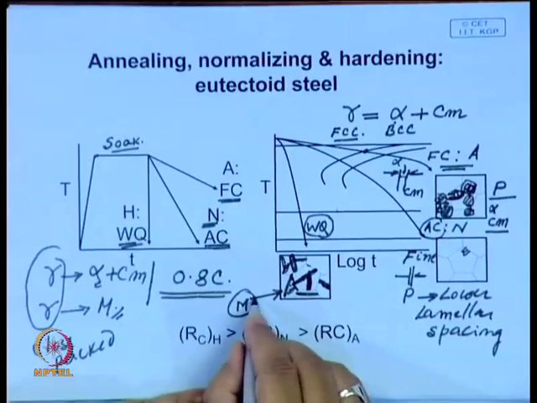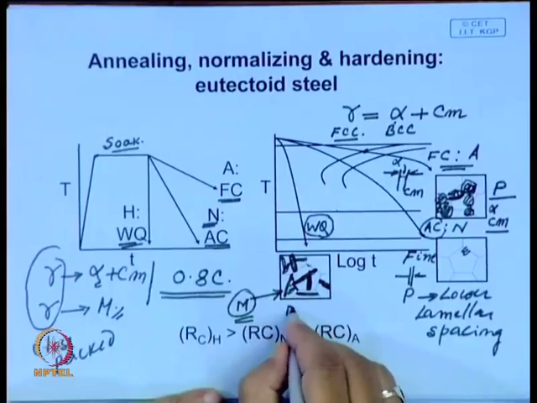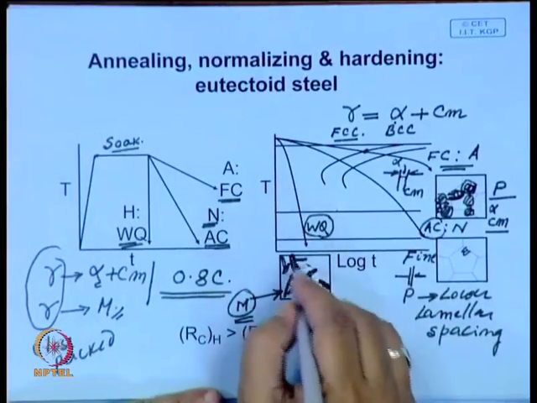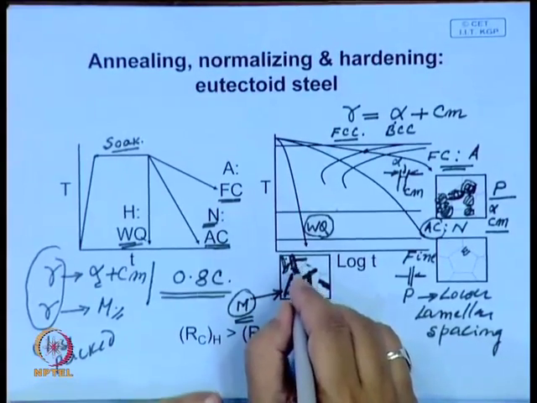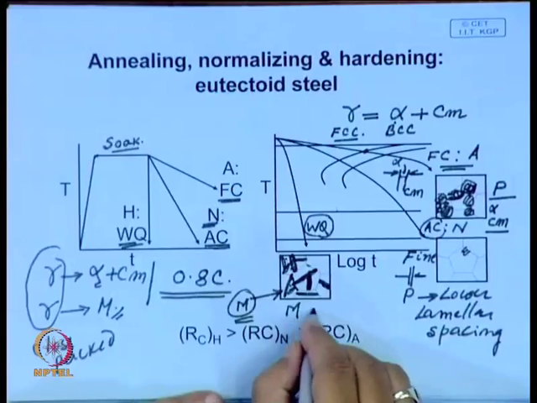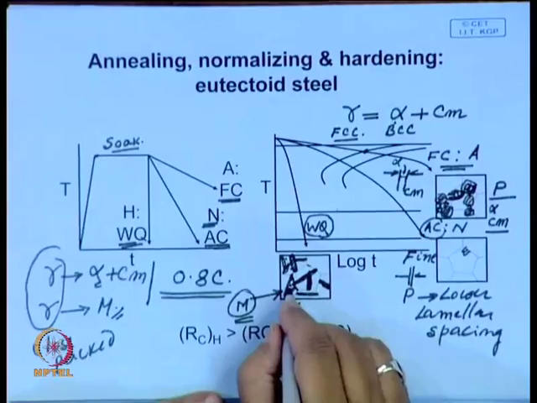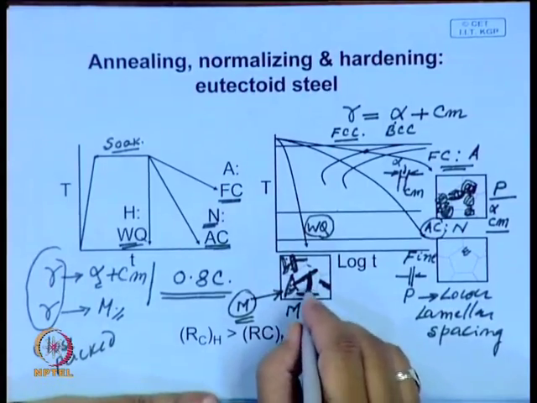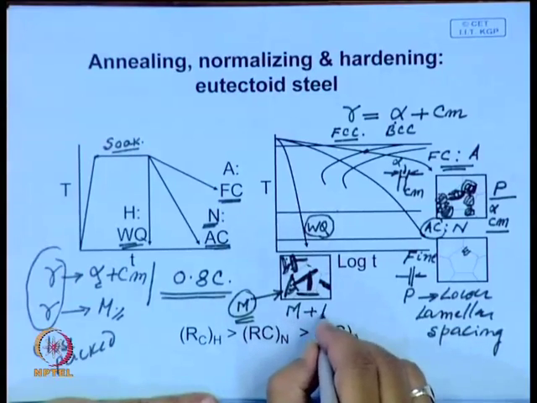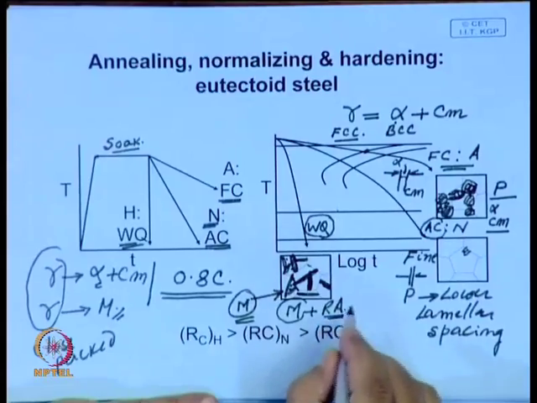So, when you quench to room temperature, although you expect full martensite, because of this constraint, when it expands and the process is very fast, the surrounding untransformed region will have such a high level of compressive stress that it will not allow the austenite to transform, because for austenite to transform it needs space to expand. If that space is not provided, some amount of retained austenite will be left behind. So, your microstructure will be primarily martensite and maybe some amount of retained austenite.